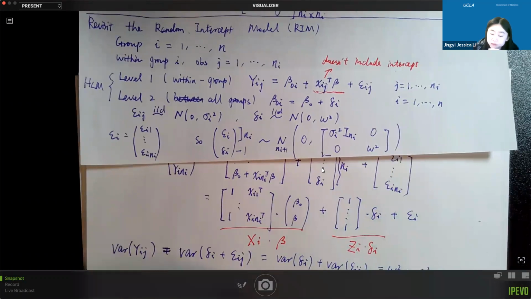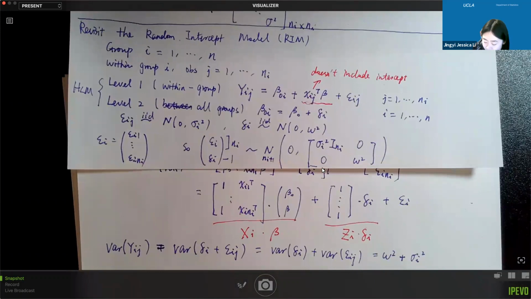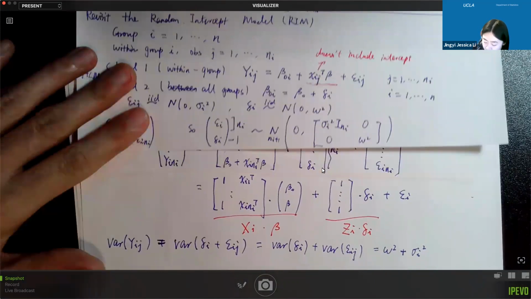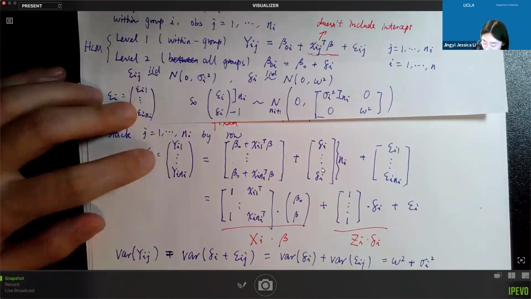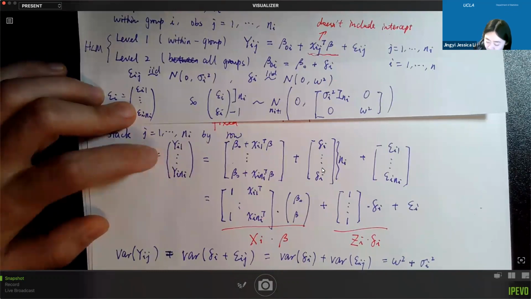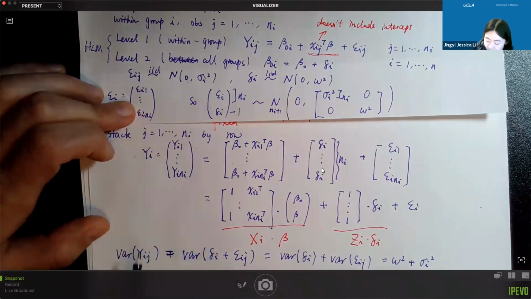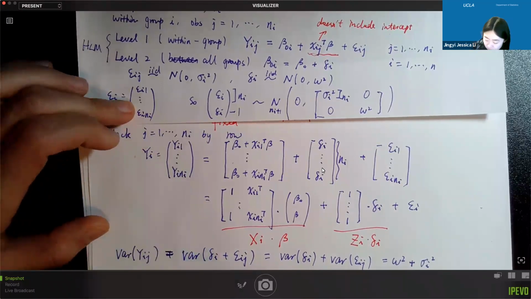That's what I have. And then how about the covariance among the Yi entries? For example, two entries in this vector that don't correspond to the same j, but are within the same group. Let's take a look.